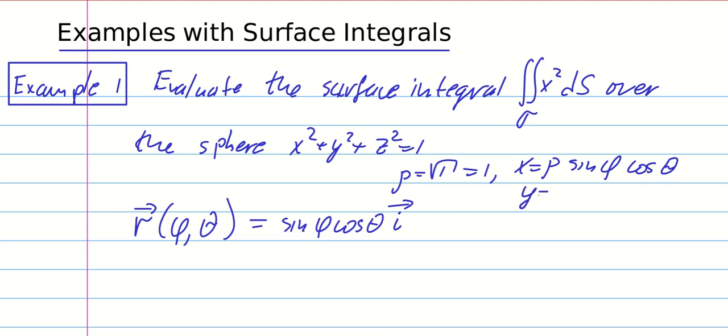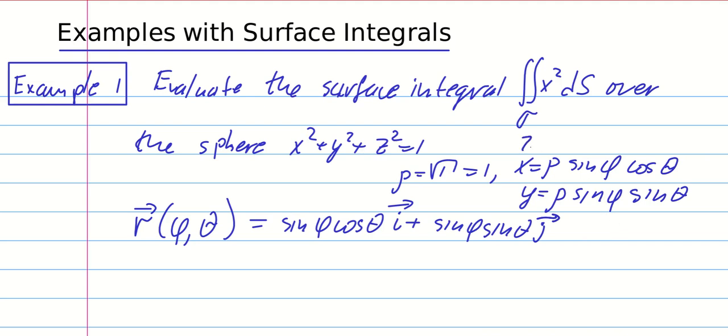Then for the y component, it has to be rho sine of phi sine of theta, but since rho is 1, we get sine of phi sine of theta j.